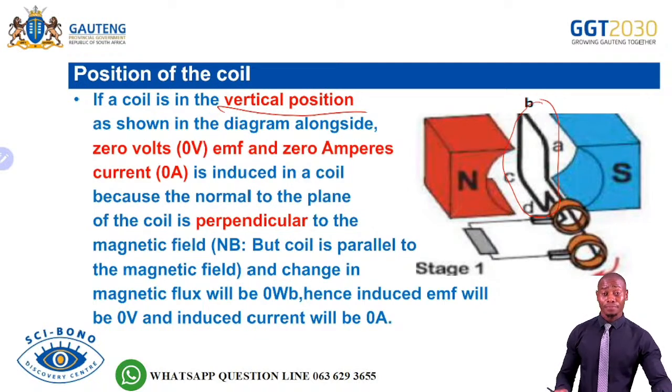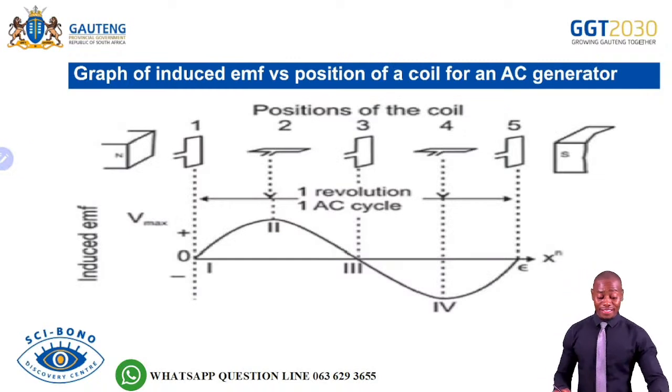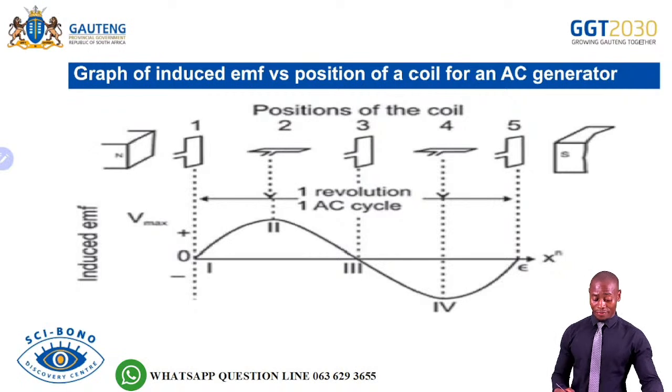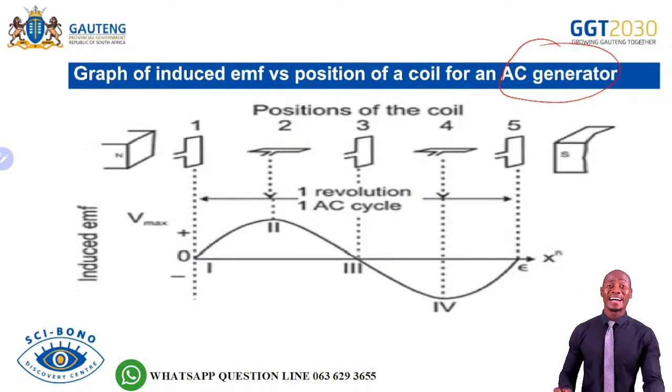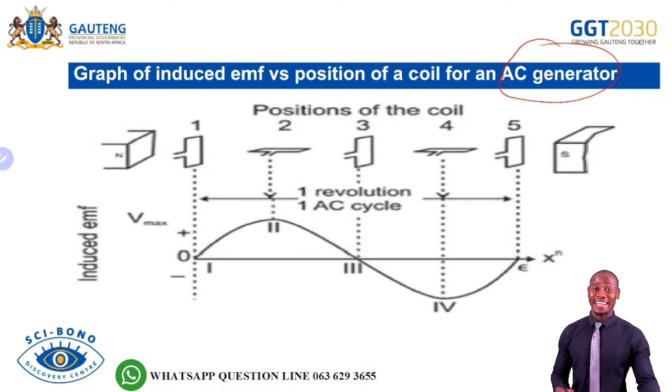All right. Then this is the graph of the induced EMF versus position of the coil for an AC generator. For an AC generator, remember, current in the external circuit alternates. Why? Because of the slip rings. All right. So check here. When you draw this graph, learners, please be careful.